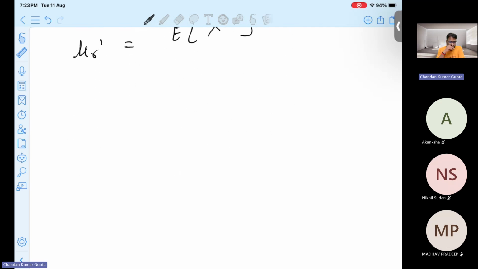So these are the moments, and there is one theorem actually. There are some properties related to these moments. Let me write it in remark or theorem form.